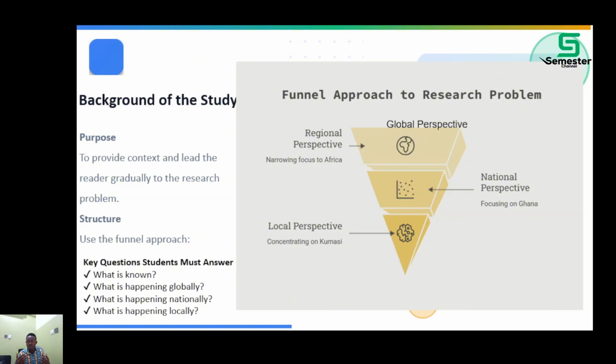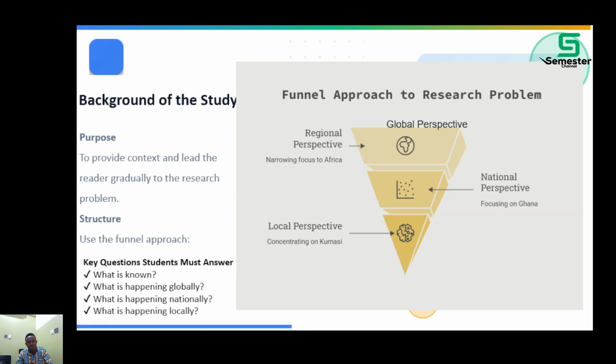I don't know what you are working on, but once I start to read the background of your study, I should know, okay, this person is working on malaria, this person is working on a comparative study. So the background should give me the context and also lead me into your problem.